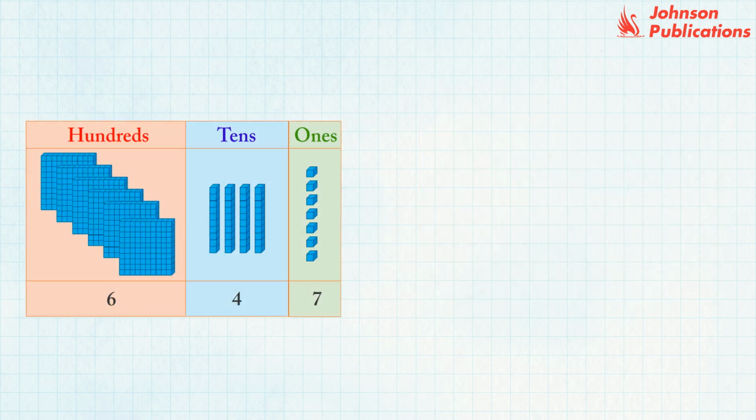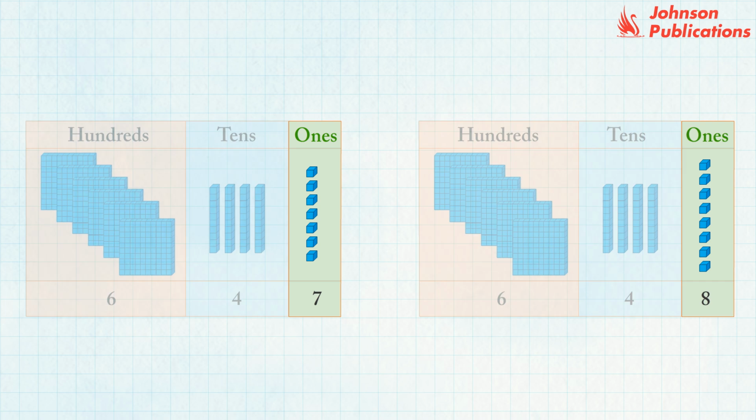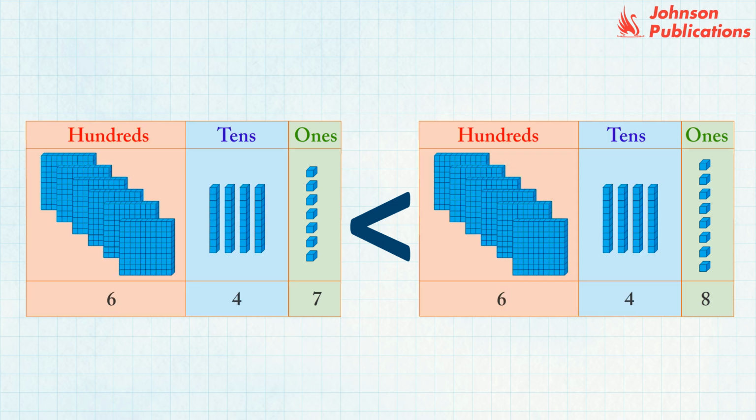Let us compare 647 and 648. In these numbers, the digits in the hundreds place and tens place are the same. So we compare the digits in the ones place. Here 7 is less than 8 and so 647 is smaller than 648.